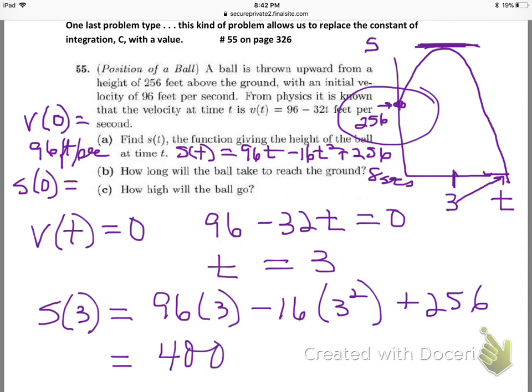So let's just check that. Yep, I went to my fancy calculator, and I figured out that the position at the highest part of its arc will be 400 feet. So this completes the 6.1 lesson. Go back over and listen to it again, or listen to the parts that you have problems with.